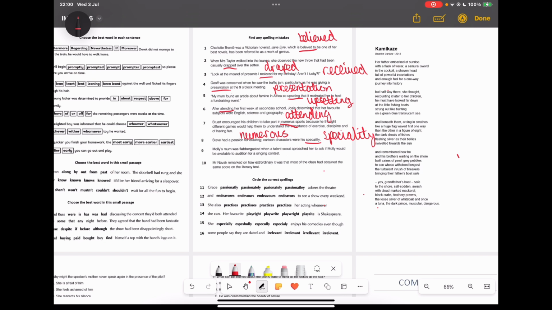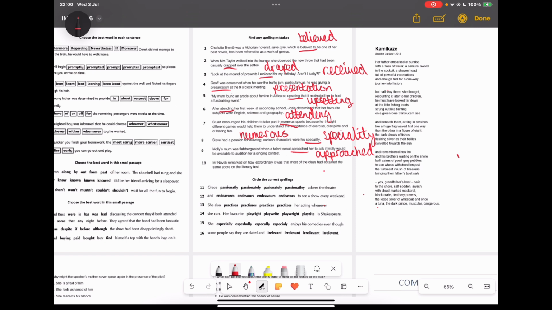Approached should be spelled with 2 P's. So approached here should have a double P. So approached her to ask if Molly would be available to audition for a singing contest.